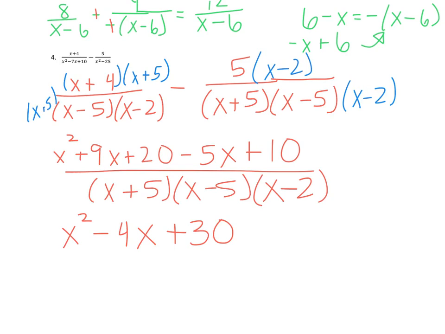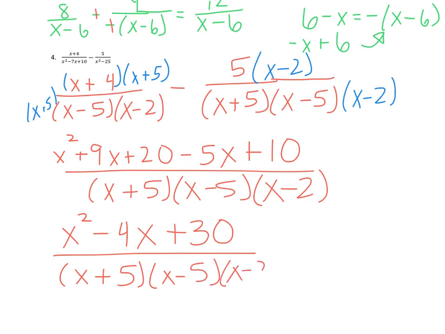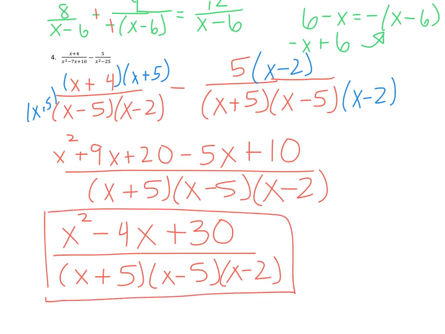Okay, and let's see, are there two numbers that multiply to 30 and add up to -4? Can we factor this? No, I don't think there's any special numbers. Remember, if you're ever stuck on a trinomial that you're trying to factor, you can always look at the discriminant, b squared minus 4ac.